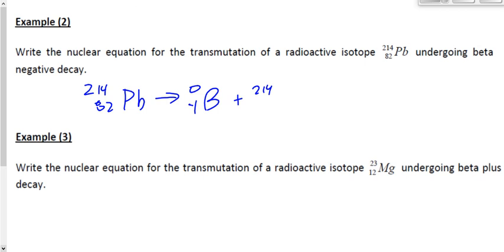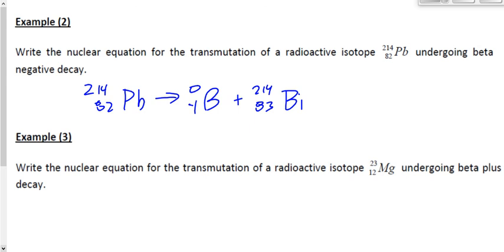Minus 1 plus what gives me 82? 83. What do you think the mistake that people often make there is? 81. It is not 81. 1 plus 81 would be 82. Minus 1 plus 83 gives me 82. This is bismuth, I believe, if you take a look at your periodic table. Don't need to memorize those, of course, but that's why you have your periodic table there.